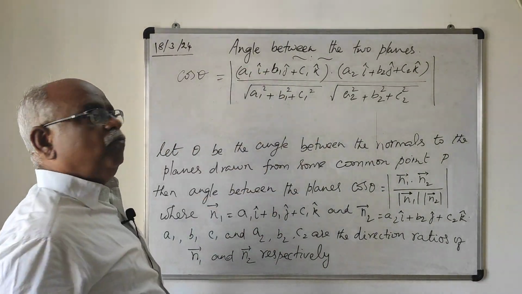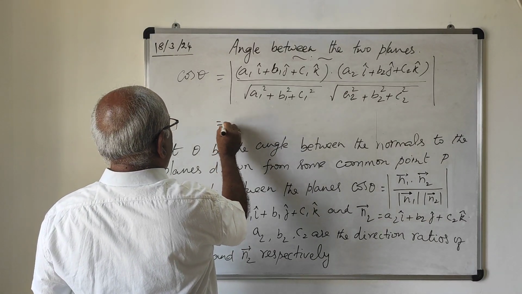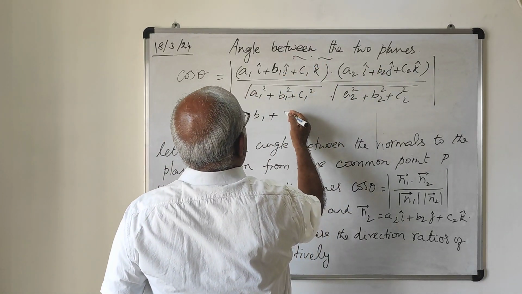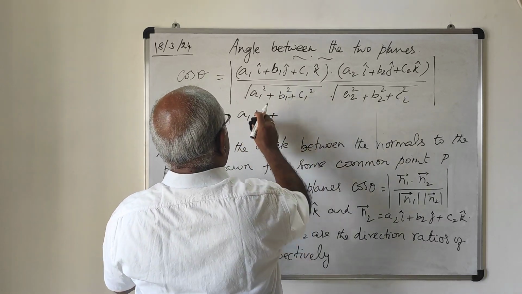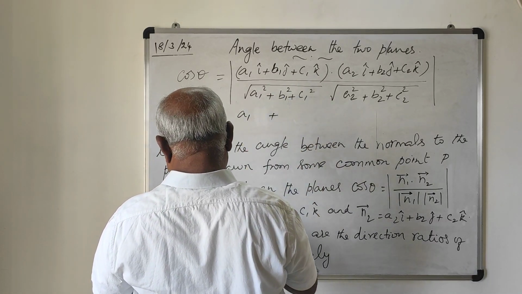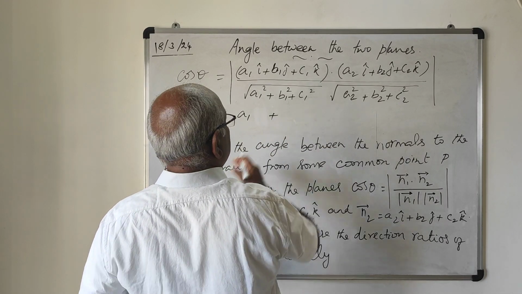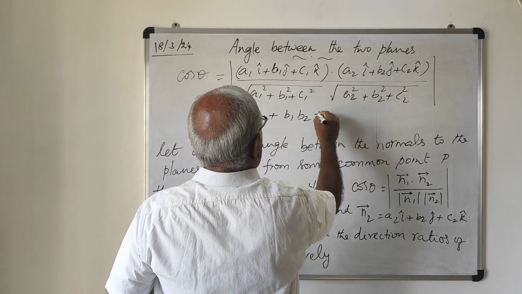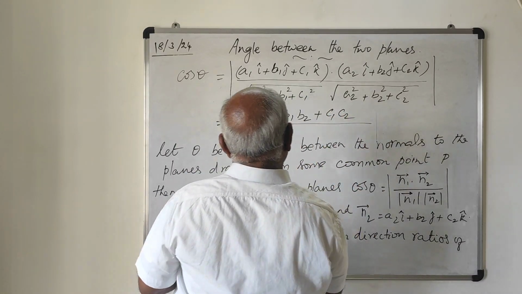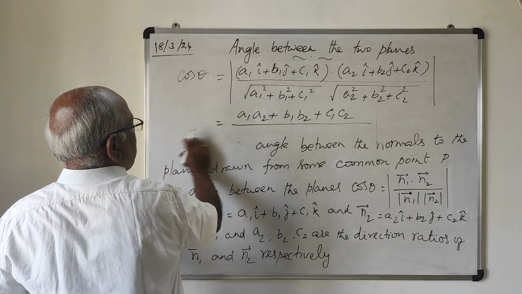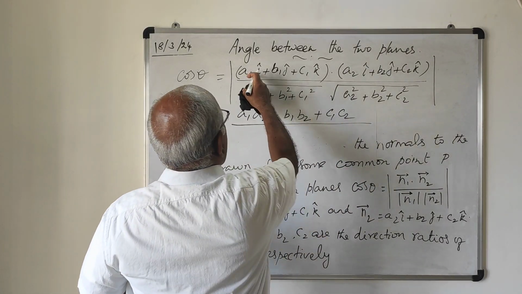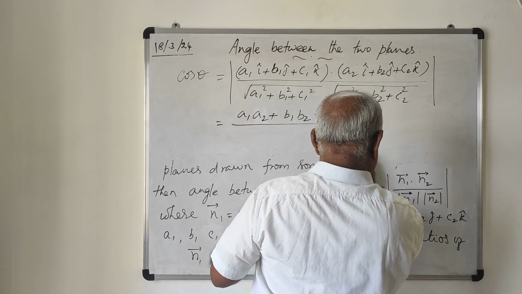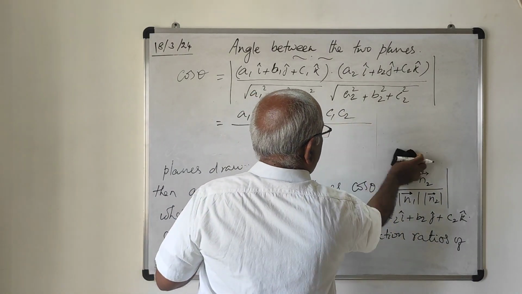So i dot i gives a1 a2, j dot j gives b1 b2, plus c1 c2 from k dot k. Therefore n1 dot n2 is a1 a2 plus b1 b2 plus c1 c2, divided by the denominator, root of a1 square plus b1 square plus c1 square and root of a2 square plus b2 square plus c2 square.